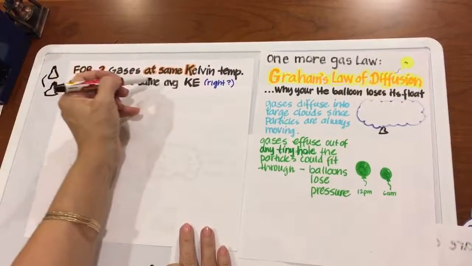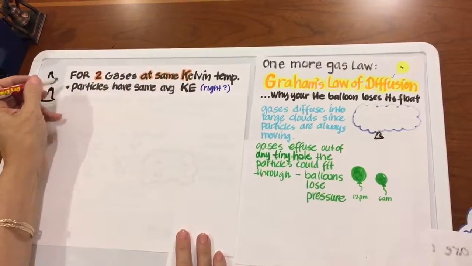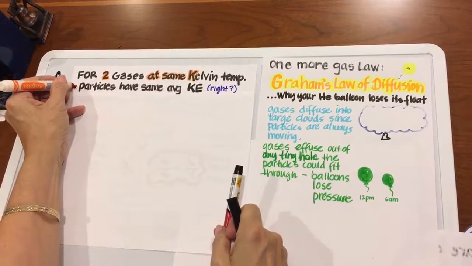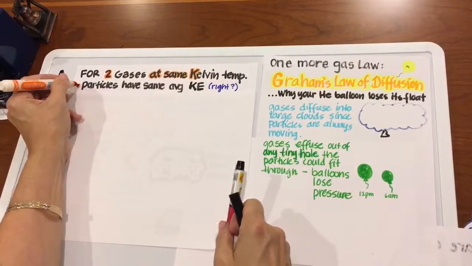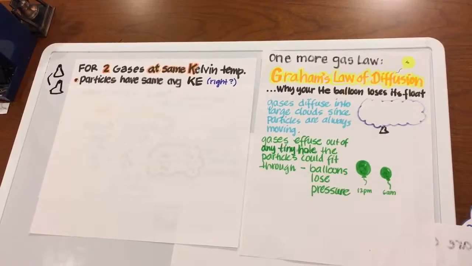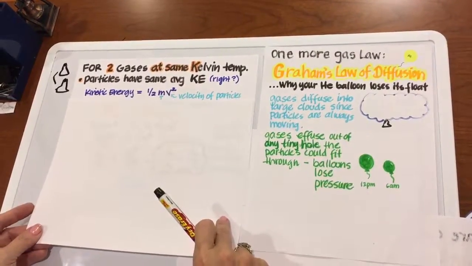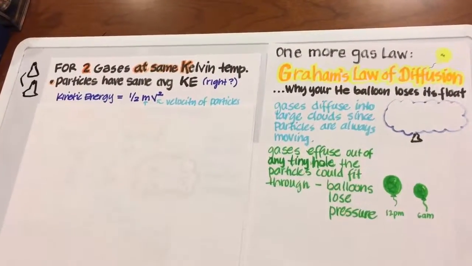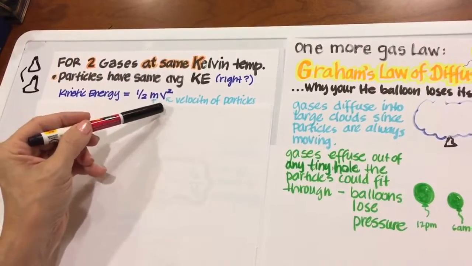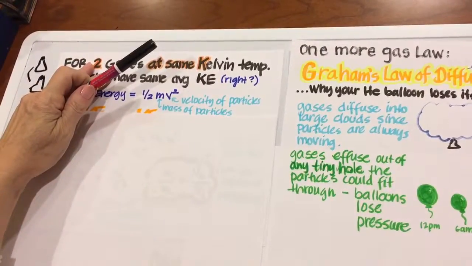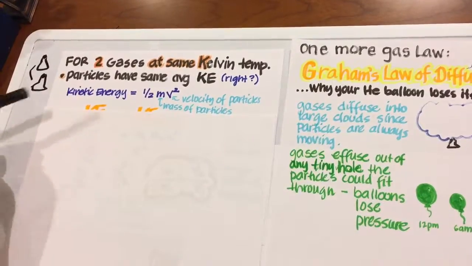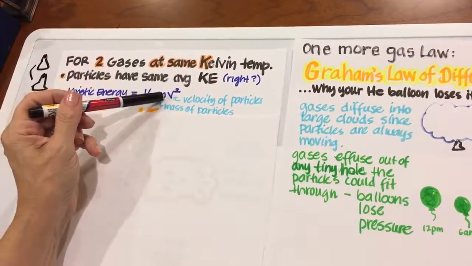They both have the same Kelvin temperature. That will mean that their particles have the same average kinetic energy, right? Because temperature is a measure of the average kinetic energy of a sample's particles. If we look at the definition of kinetic energy, the kinetic energy of a particle is 1/2 mv squared, where m is the mass of the particles and v is the velocity of the particles, squared.